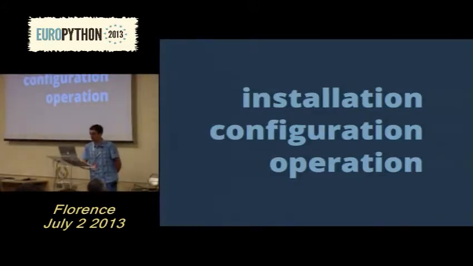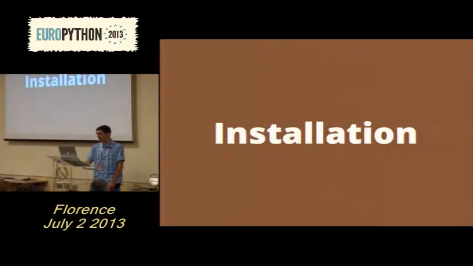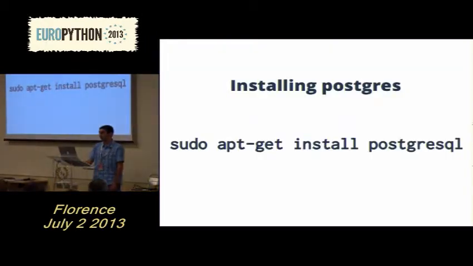So I'm going to divide this in three parts. I'm going to talk about installation, then configuration, and some tips on operation. So let's dive in. If you look at the typical software, when you install it, it's just as easy as running one command on Linux distributions, for instance.